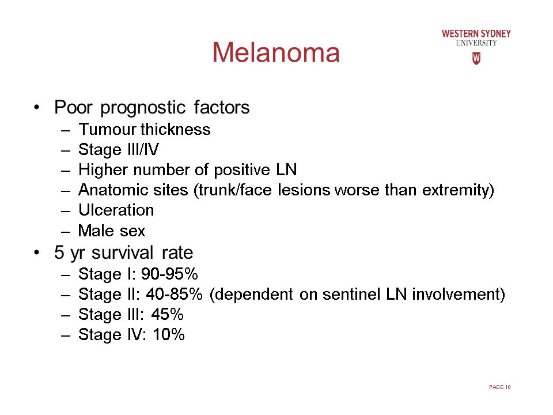A higher number of involved lymph nodes also has a higher rate of recurrence or metastases. Involvement of the trunk or the face has a poorer outcome compared to involvement of the extremities. Ulceration in melanoma is also a poor prognostic factor, as is being male gender.